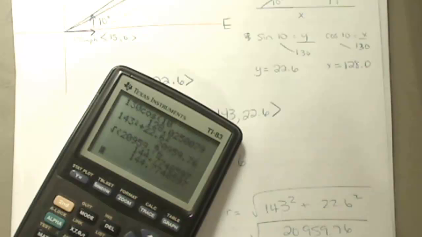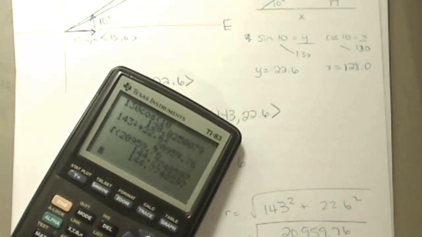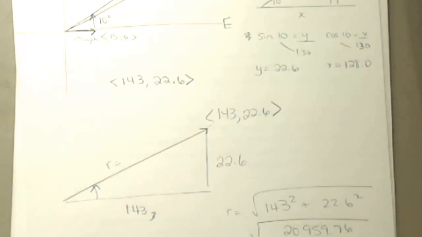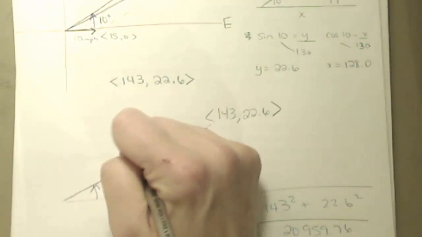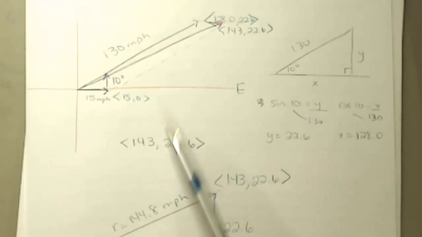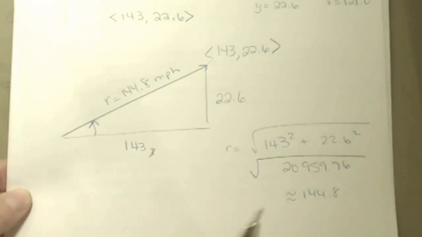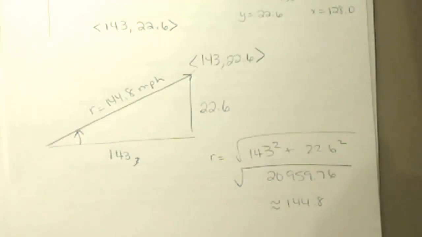I get about 144.8. So the new speed of the plane is somewhat faster. It's 144.8 miles per hour, which is increased from its initial speed of 130 miles per hour. It ends up moving faster due to that wind.